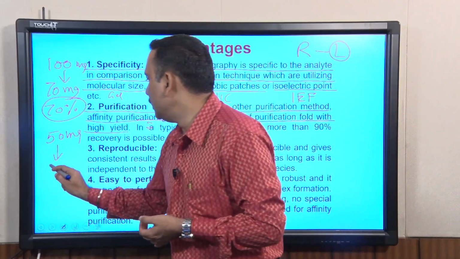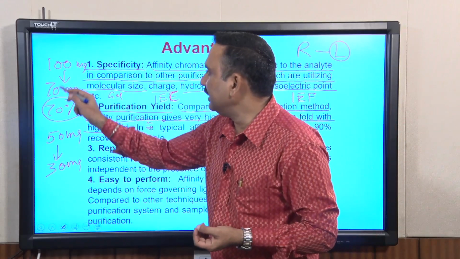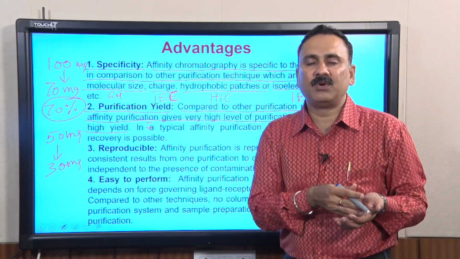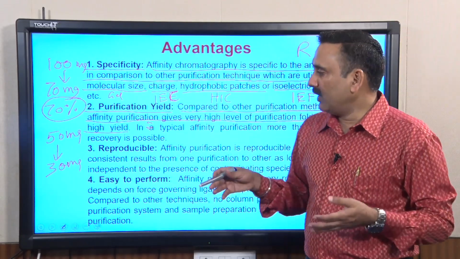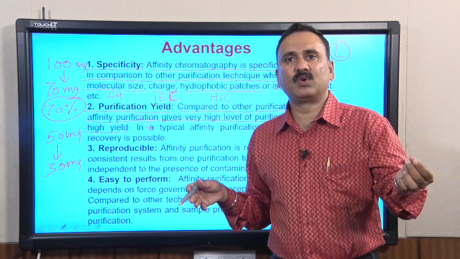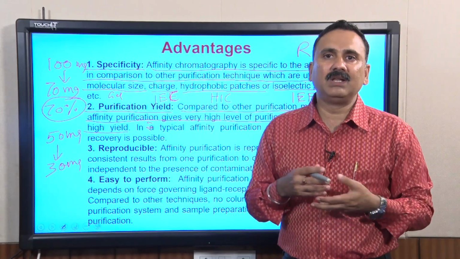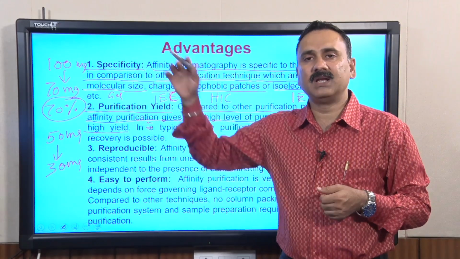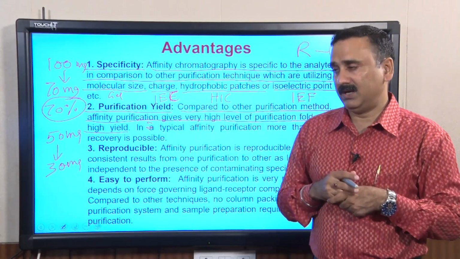And suppose at the end you get 30 mg of protein which has your protein and no impurities, which means by using conventional chromatography techniques such as ion exchange chromatography or hydrophobic interaction chromatography, or the combination of these, you have purified approximately 30 mg protein from 100 mg, which means your yield is 30%. Compared to that, when you are doing similar kinds of purifications in affinity chromatography, you may get even up to 90% yield.